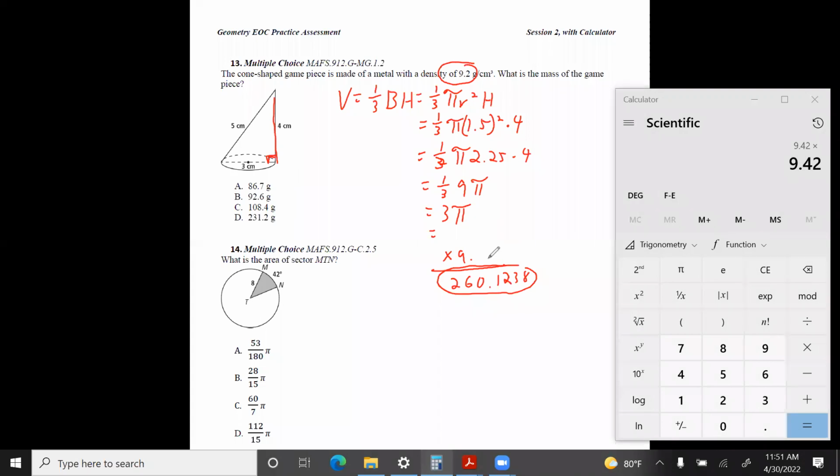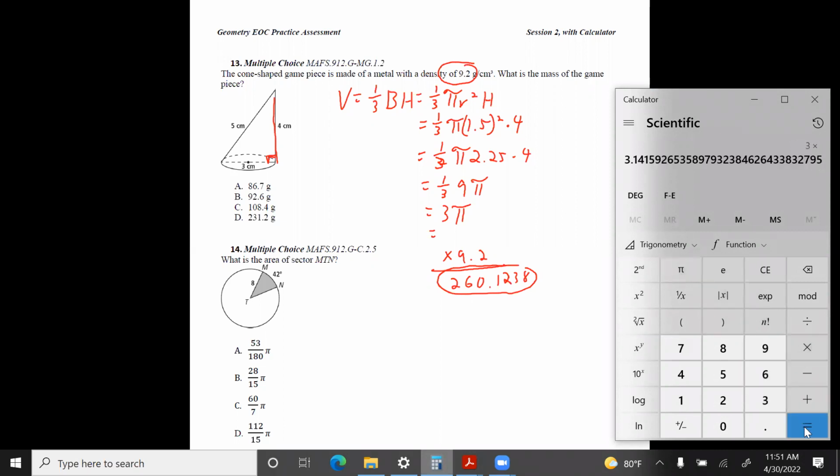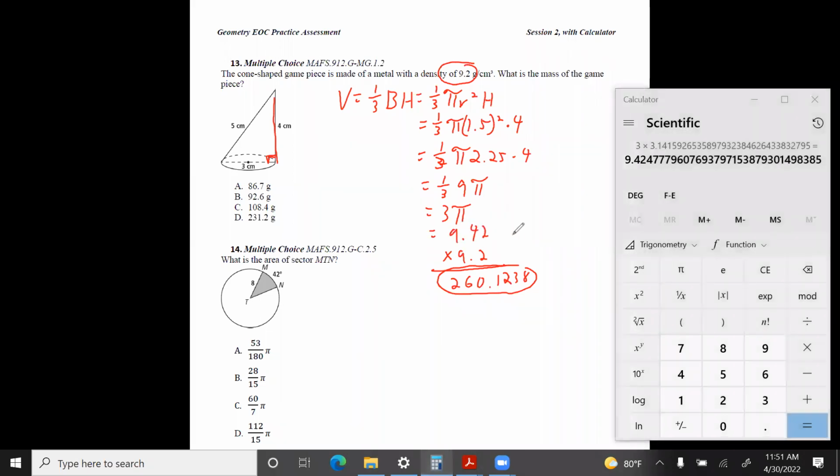So we're going to have 3 times pi. Let's plug that back in. 3 times pi equals, there we go. That's where the mistake was. So it's going to be 9.42.